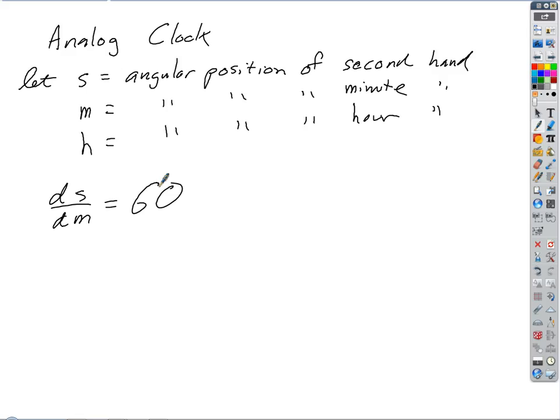Another way of thinking about it: for the minute hand to go around once, the second hand has to go around 60 times. So the second hand is moving 60 times faster than the minute hand.